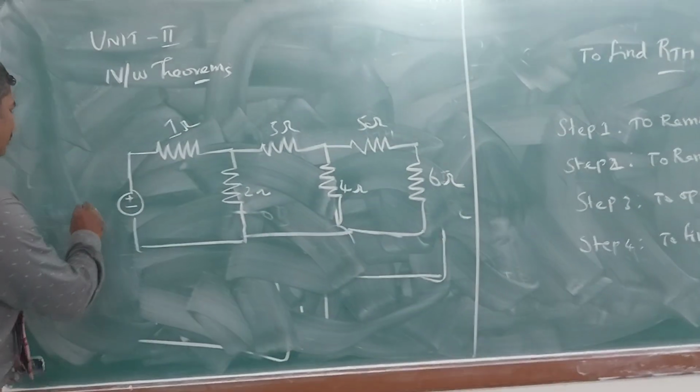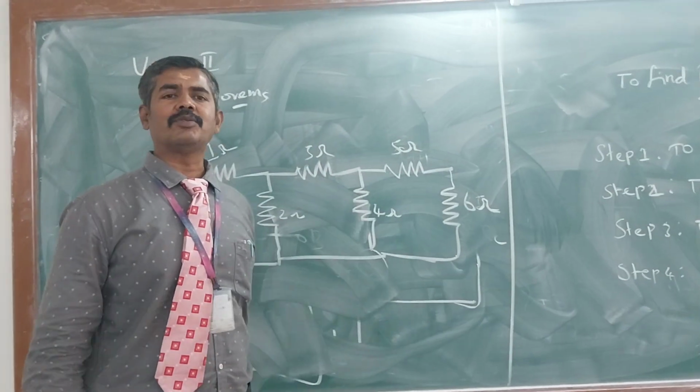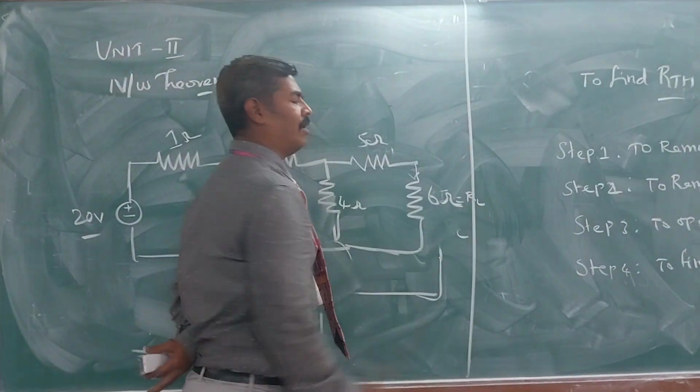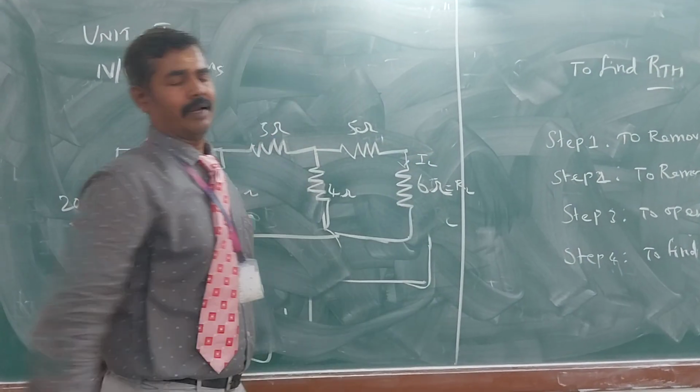We want to find the load current passing through the 6 ohm resistor. Here the 6 ohm resistor is called RL. In RL we want to find the load current.